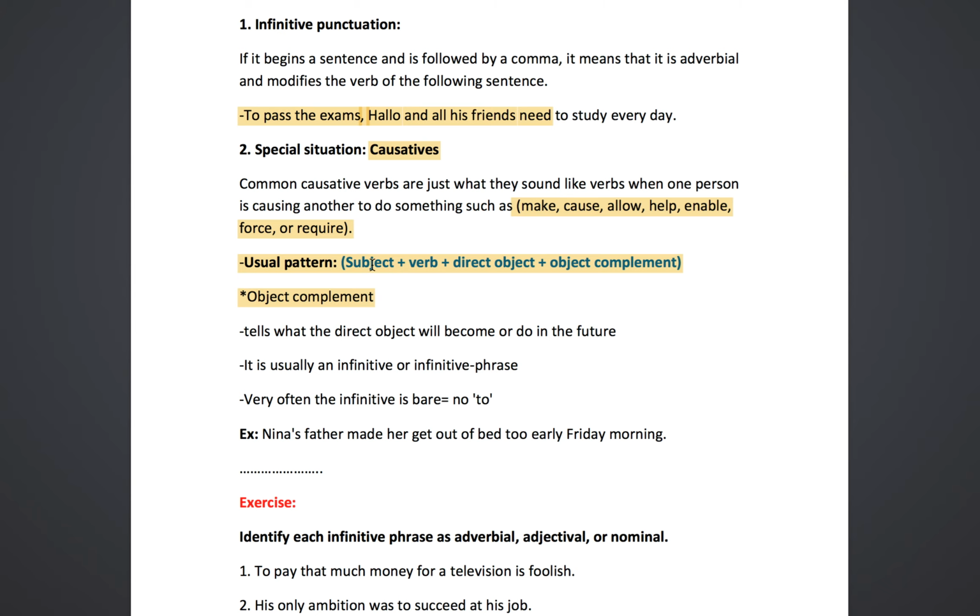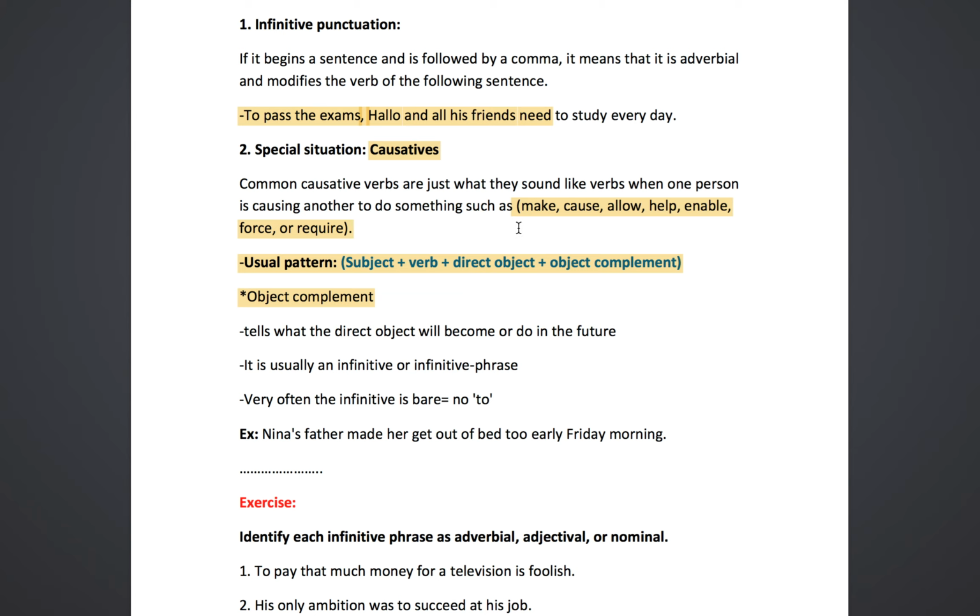In a sentence, we have the subject and a verb. After the verb there could be any of them: make, cause, allow, enable, force, or require. After these verbs, we need a direct object. This direct object needs to tell us about something that will happen in the future.